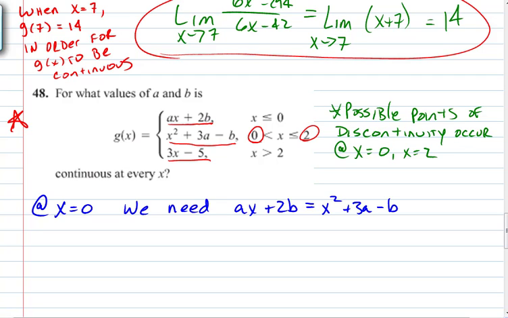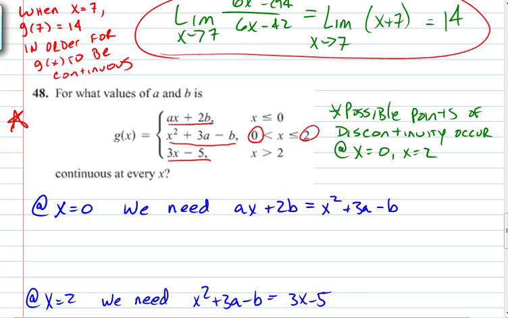Would you agree with that statement in order for the function to be continuous? Okay. And at x equals 2, we need what then? I agree with that. Okay?